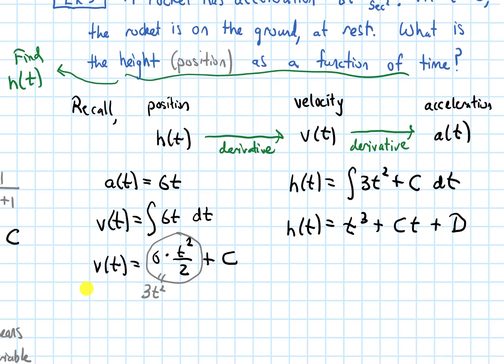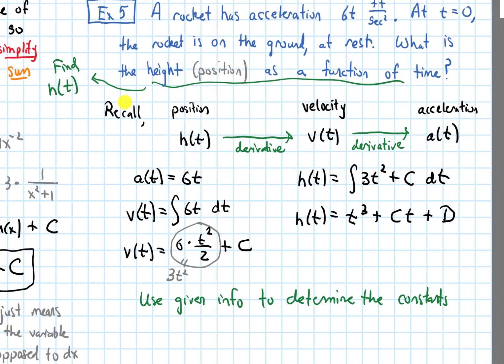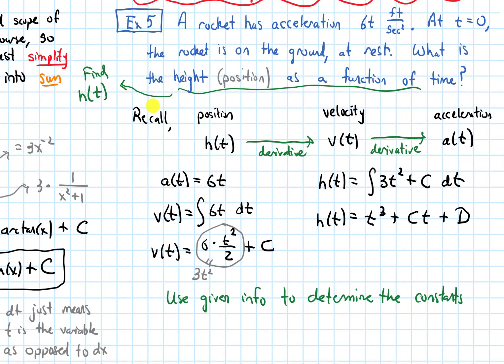Okay, so now I want to use the other given info to determine the constants, the c and the value of d. In this problem, it told me a couple of things that are going on at t equals 0.